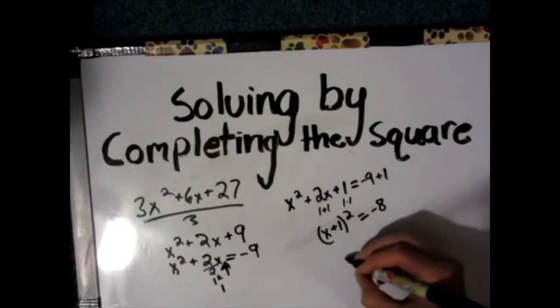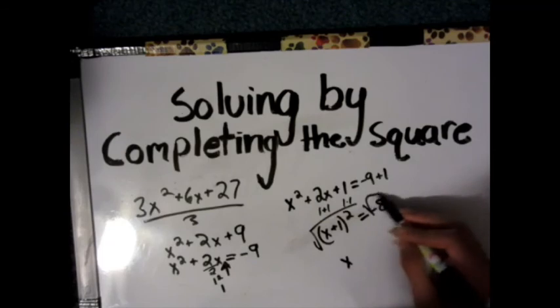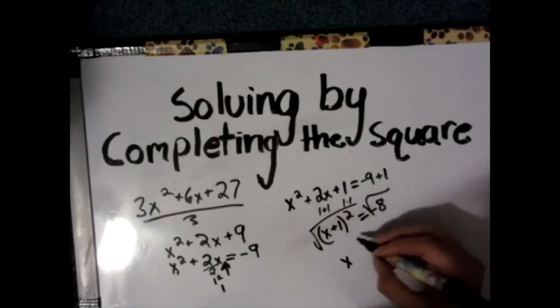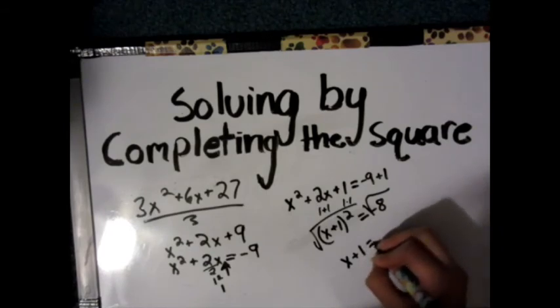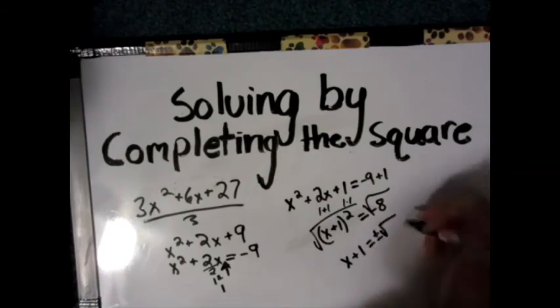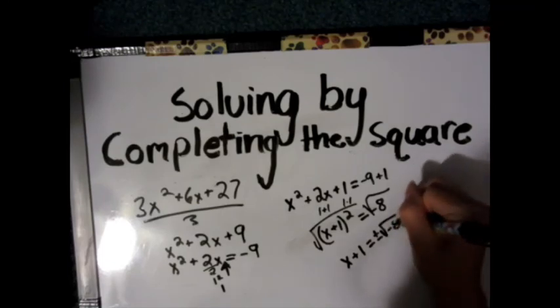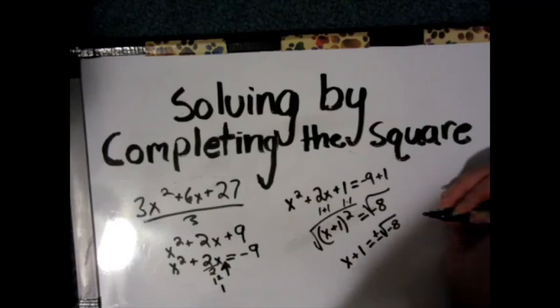Alright, so when we take the square root of each side, negative 8 doesn't have a perfect square root.